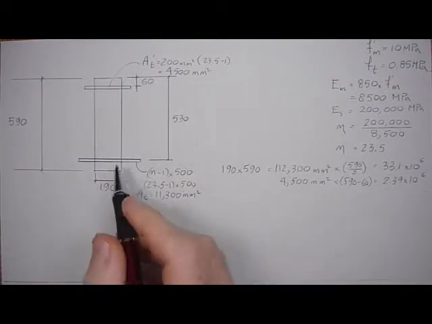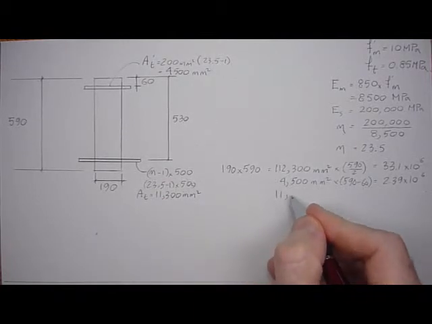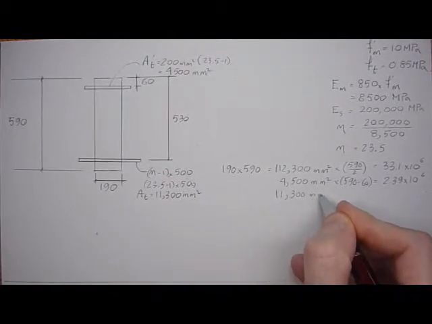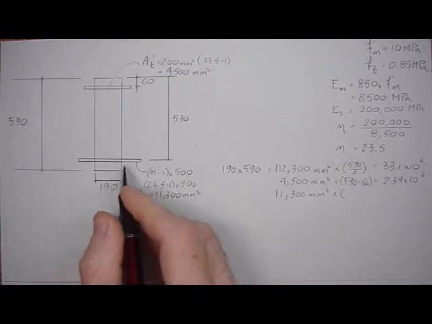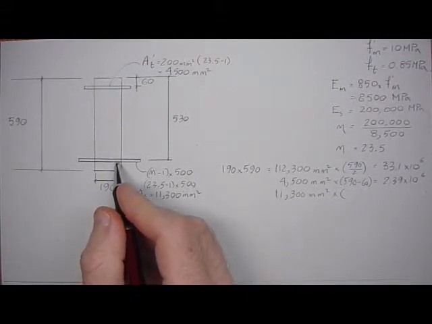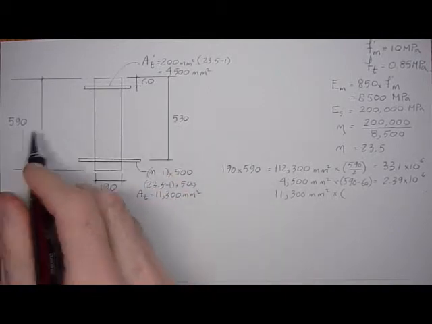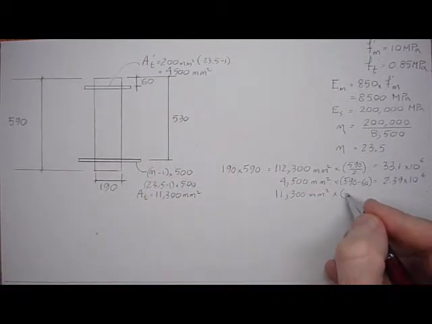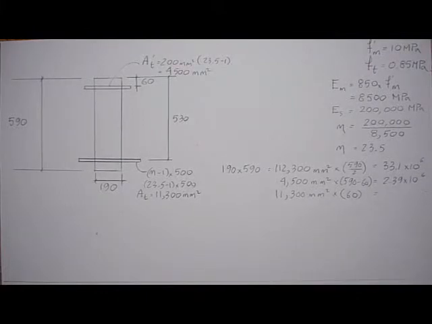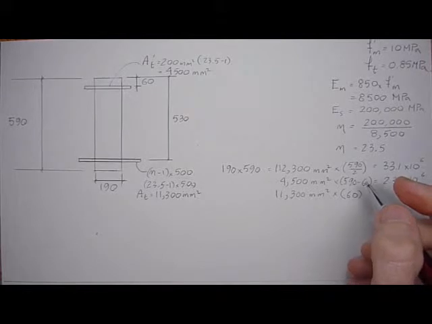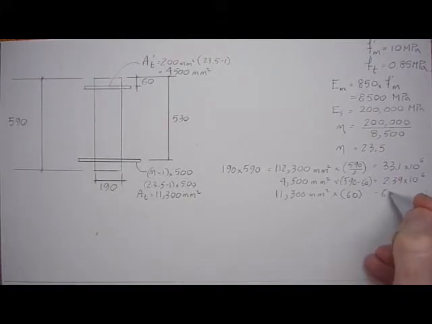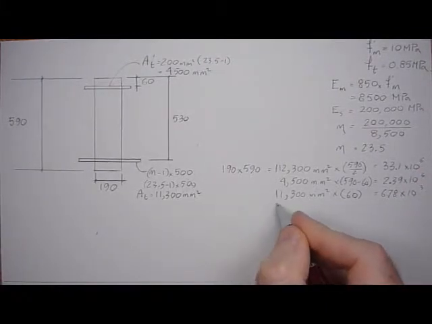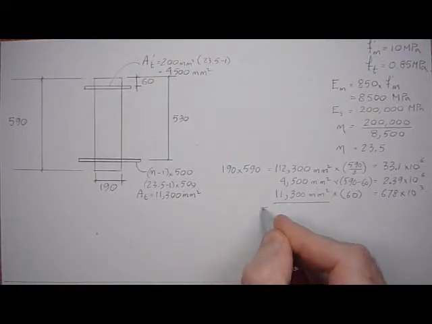And then similarly, the bottom steel, 11,300 millimeters squared times this distance, which is 60 millimeters. Right, 590 minus 530 is 60. So 678 times 10 to the third.